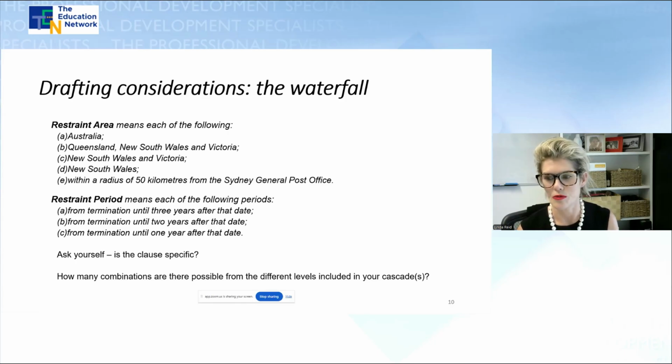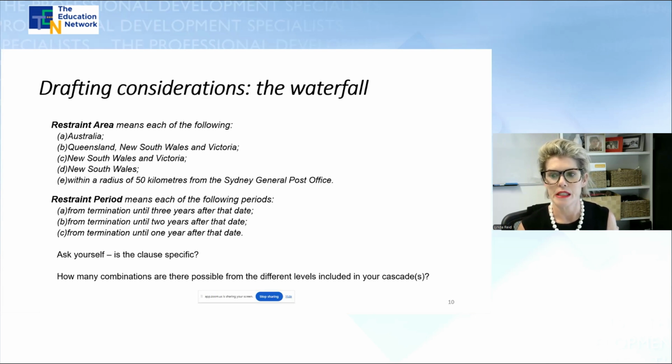Before we move off cascades. There are a couple of decisions that talk about the number of different combinations for a restraint of trade clause and the different types of combinations that you could make from those different waterfalls or those different cascading provisions.